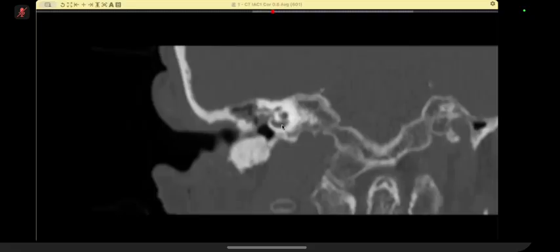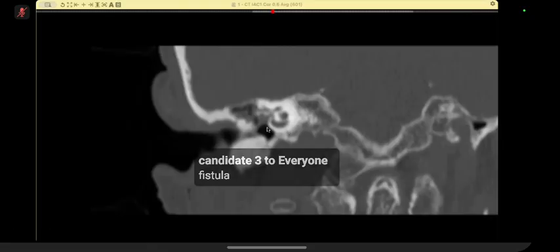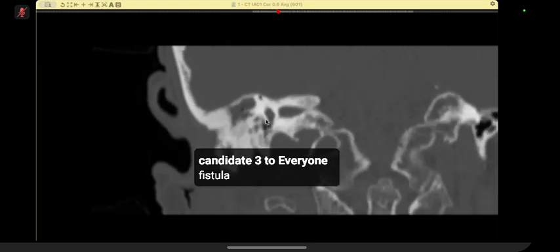So this letter says, show me the labyrinthine portion of the facial nerve canal. Okay, sir.